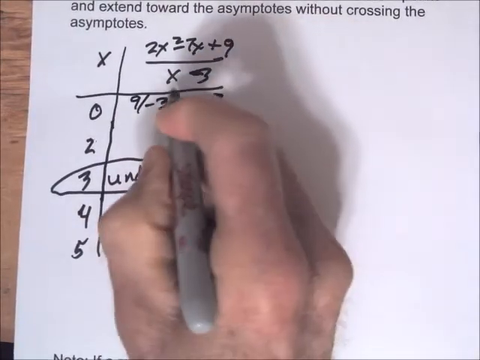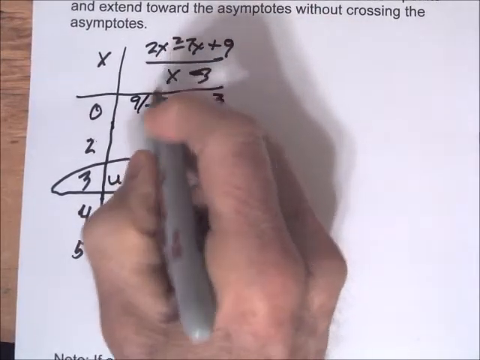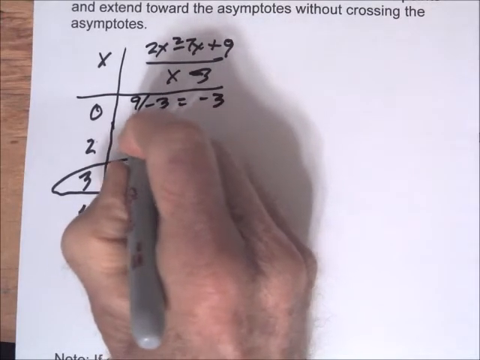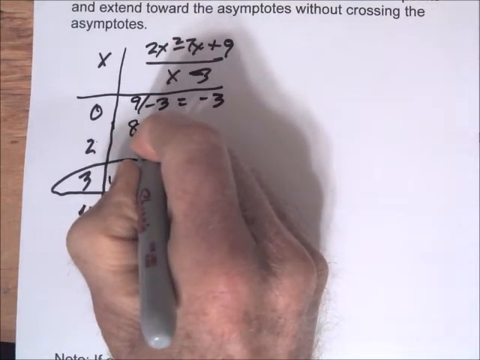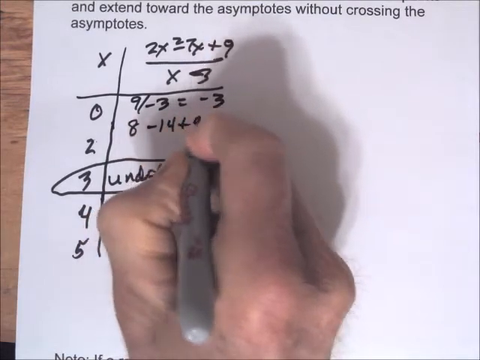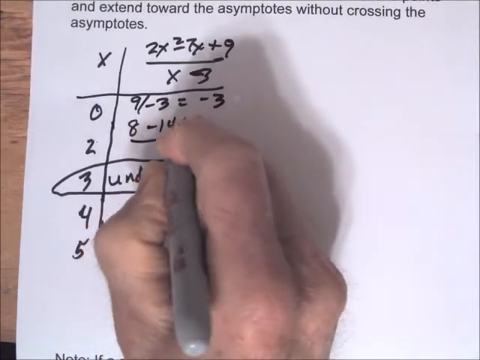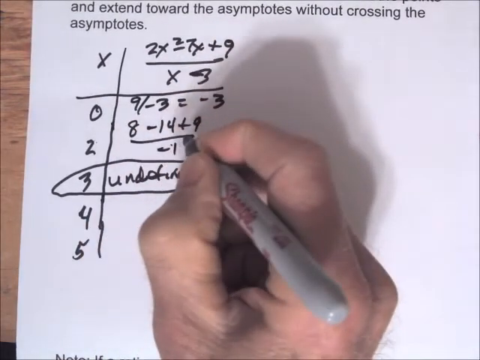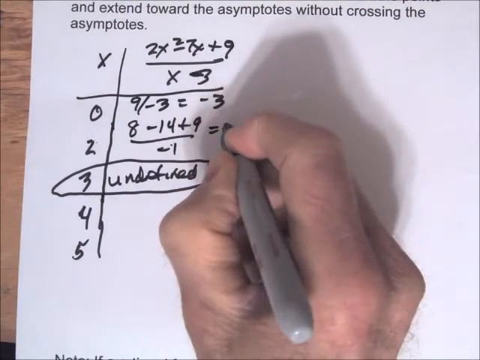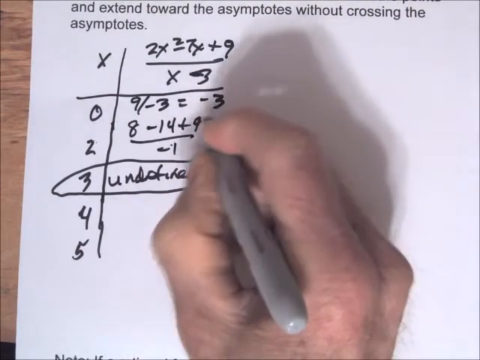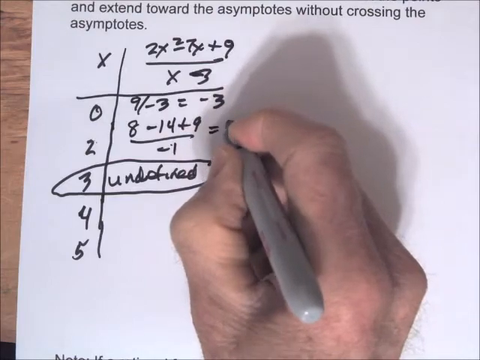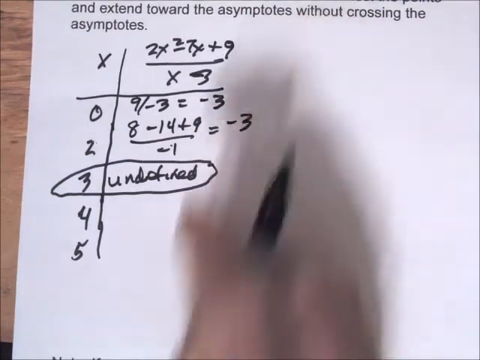If x is 2, 2 squared is 4, 4 times 2 is 8, so we'll have 8. 2 times 7 is 14, 8 minus 14 plus 9, over 2 minus 3 is negative 1. So it comes out to be negative 3 also. Minus 6 plus 9 is 3, yeah, negative 3.